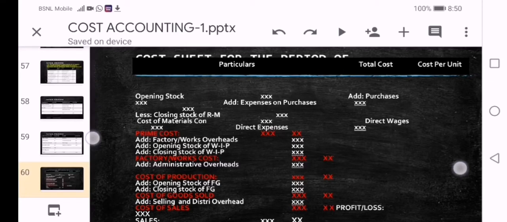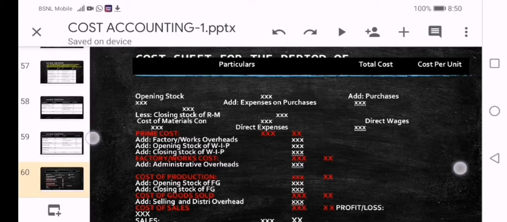When you do this process, you will get factory or works cost, again shown in the red color. And once you get the factory or works cost, then what you have to do? Divide by the number of units produced, so that you will get cost per unit.